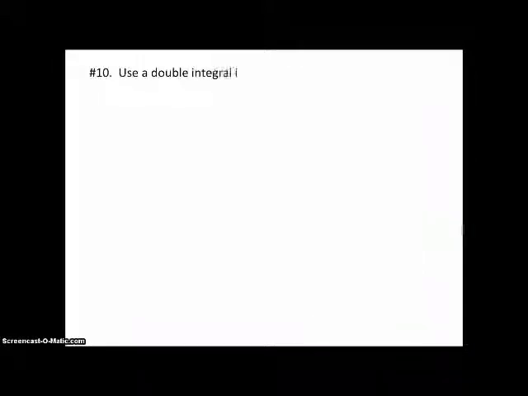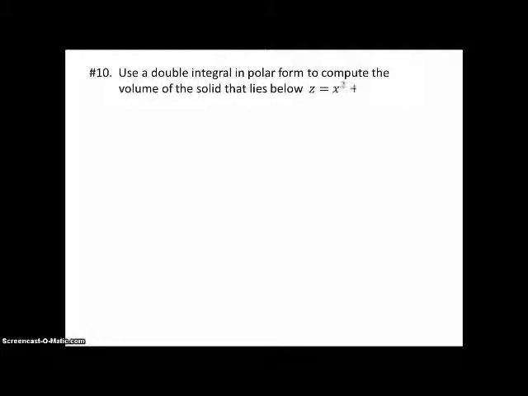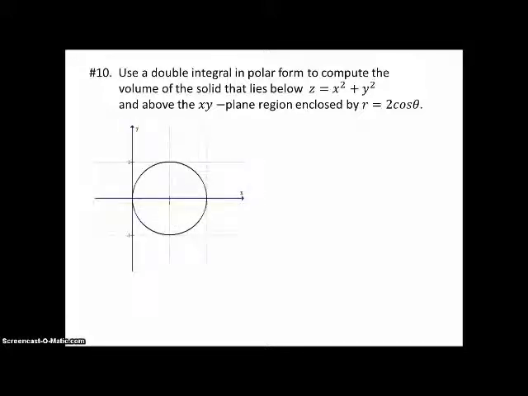Number 10, use a double integral in polar form to compute the volume of the solid that lies below z equals x squared plus y squared and above the xy plane region enclosed by r equal to 2 cosine theta. Here's a picture of 2 cosine theta.